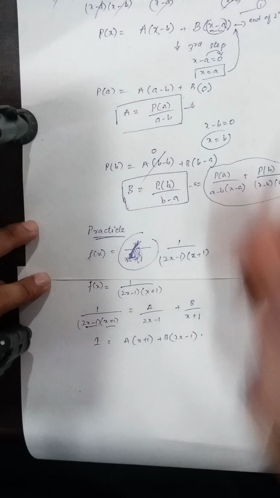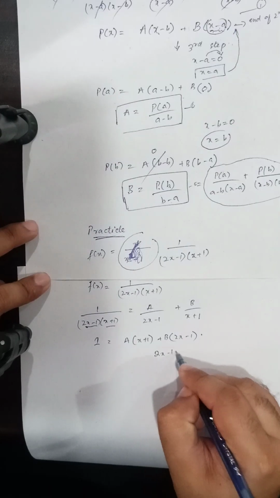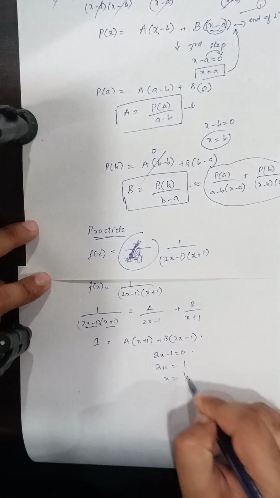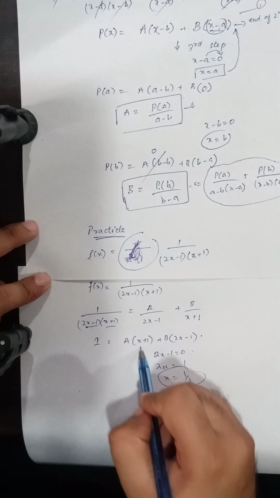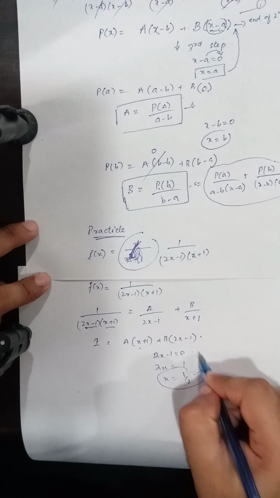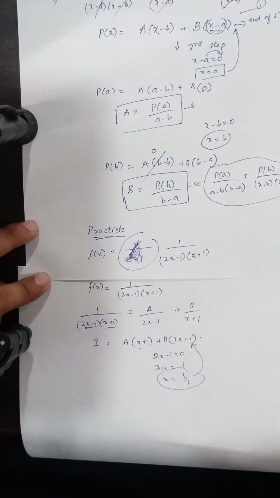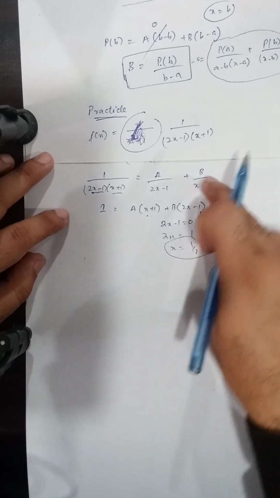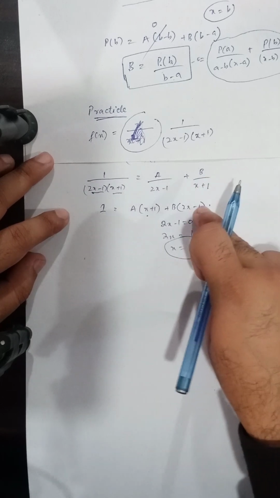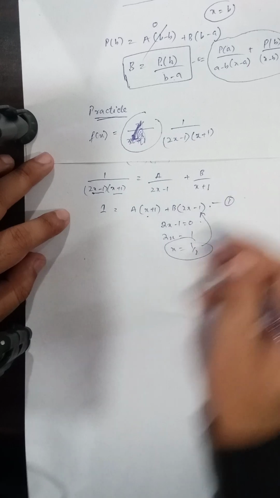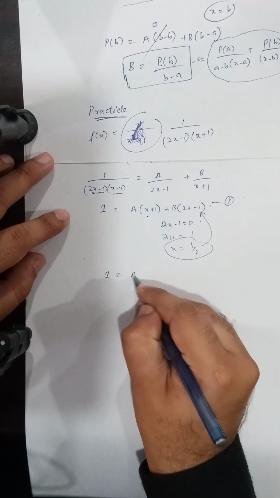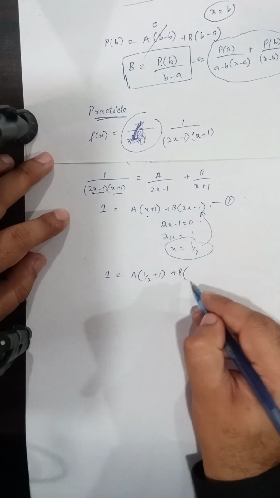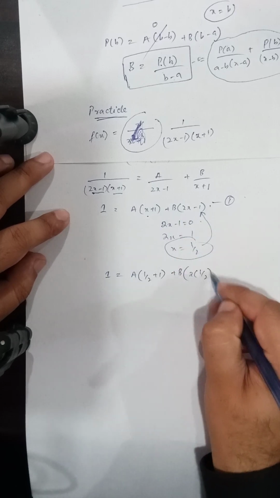Now in the third step, let 2x minus 1 equal to 0, then 2x is equal to 1, x is equal to 1 over 2. Put x is equal to 1 over 2 in this equation. This is equation A. So 1 is equal to a into 1 over 2 plus 1 plus b into 2 into 1 over 2 minus 1.